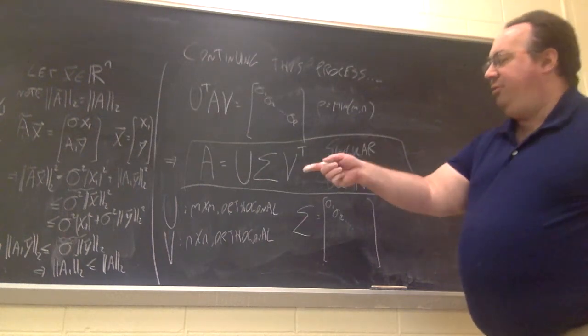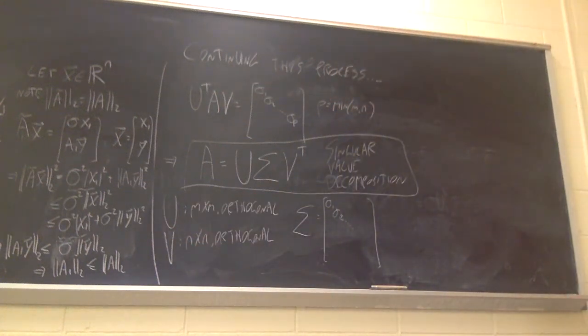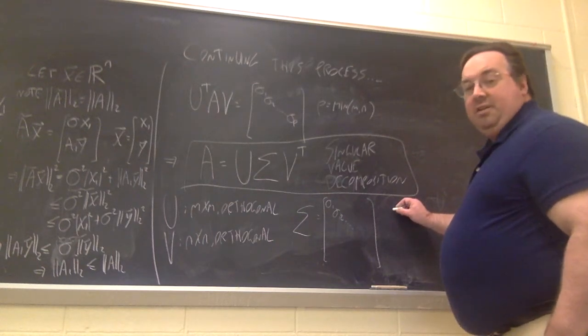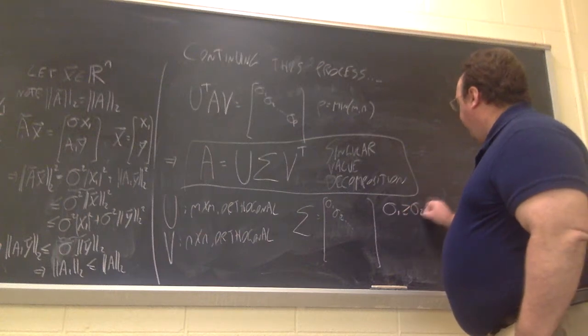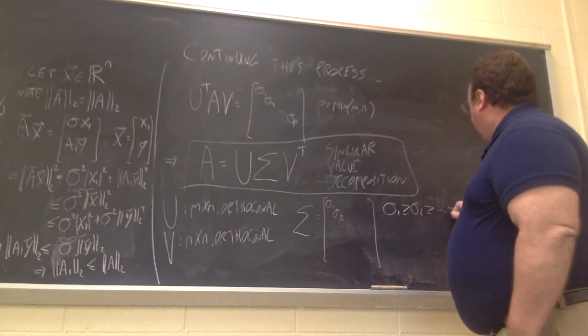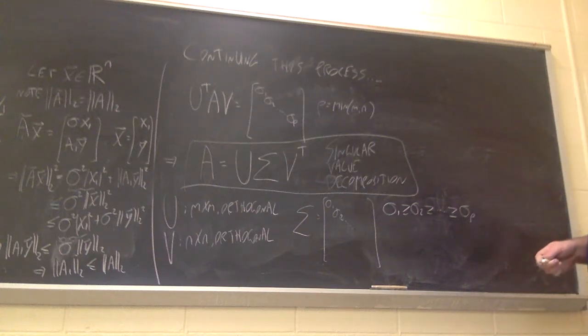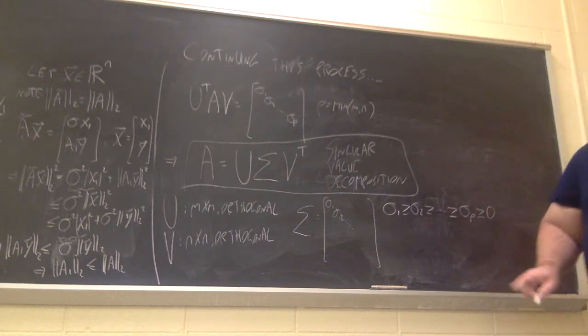Furthermore, as a result of what I showed here, that the 2 norm of A1 is less than or equal to the 2 norm of A, you have sigma 1 greater than or equal to sigma 2, and so on, all the way down to the last sigma you can have, sigma p. And they're all non-negative.